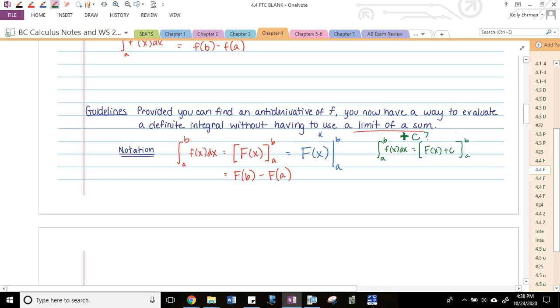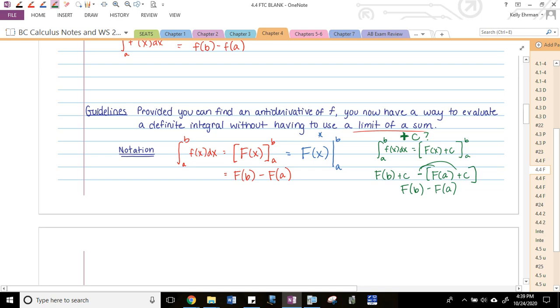And so when you plug b into that, you're going to get F of b plus c. When you plug a into that, you're going to get minus all of F of a plus c. And when you distribute that negative through, c minus c cancels out, and you're left with F of b minus F of a. Again, those capital F's represent antiderivatives.